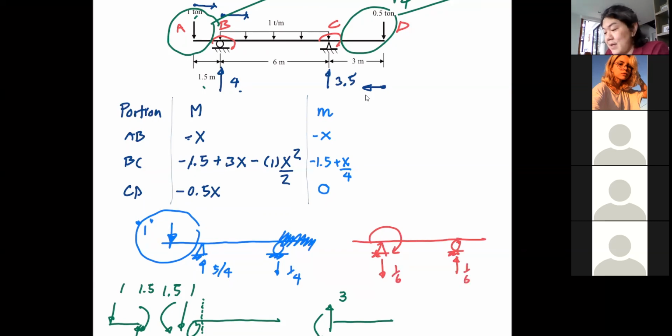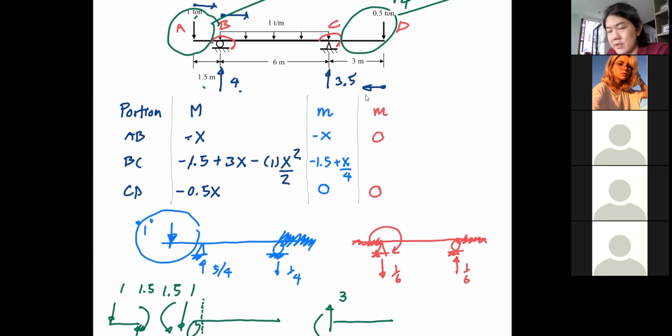Easy, right? And you can see again that there's no load on this portion, neither on this. So basically we have like a simple beam for the second case. And therefore this becomes 0 and 0.